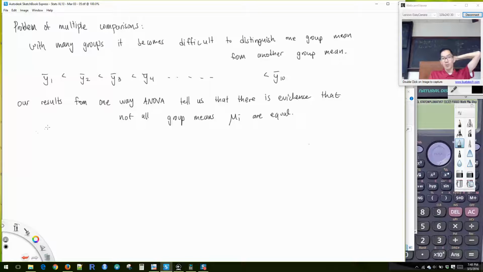But even if we've lined them up from least to greatest, where does the difference happen? Is it that group 1 is much smaller than everybody else, or is it that group 1 and 2 are indistinguishable from each other, but they're different from groups 3 and 4 or something? It becomes difficult, right? This is not a great analogy, but you can imagine going to the hardware store, and they've got those swatches of paints, and you can get a shade of brown, slightly darker brown, ever so slightly darker brown.